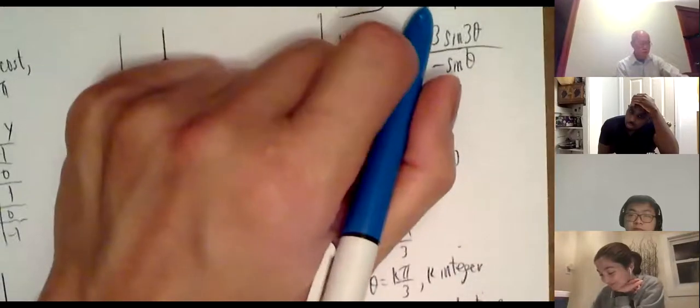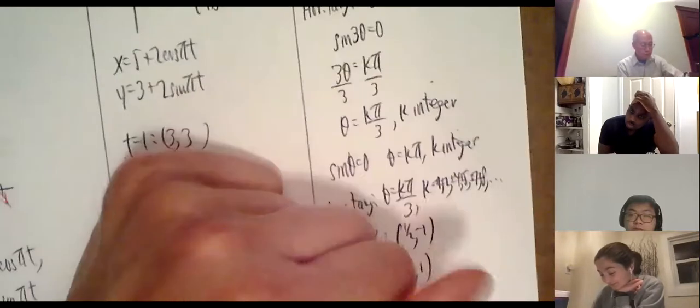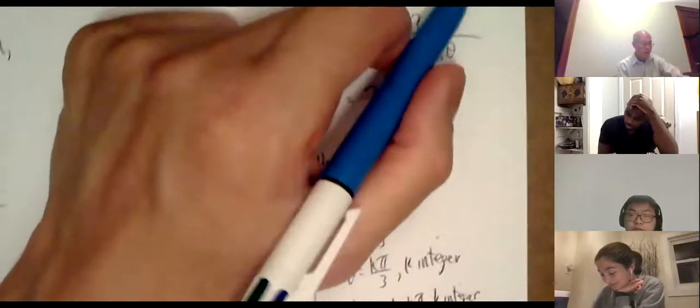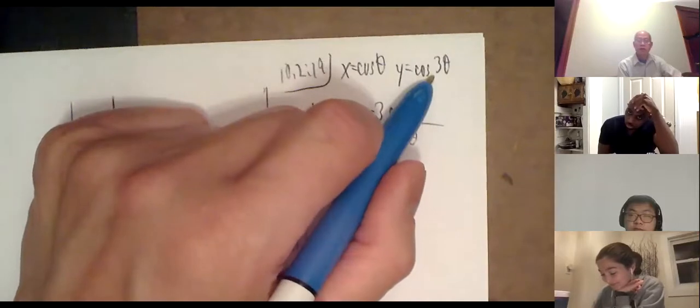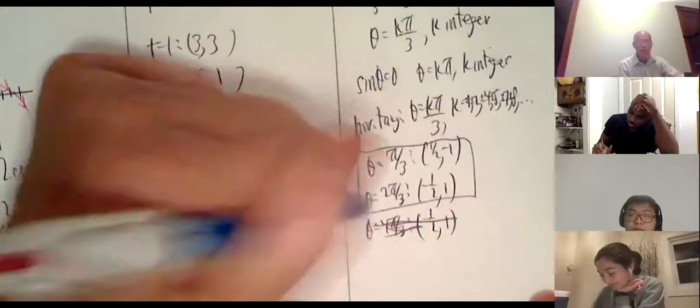Cosine of 4 pi over 3 is -1/2. Put 4 pi over 3 here. Cosine of 4 pi, that's also 1. So we already got that. So there's nothing new. So it looks like this is all I'm going to say for horizontal tangent.